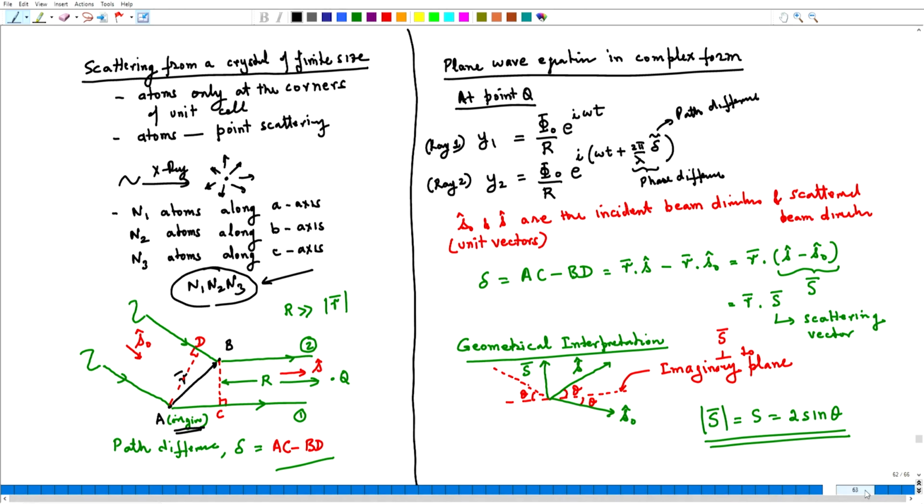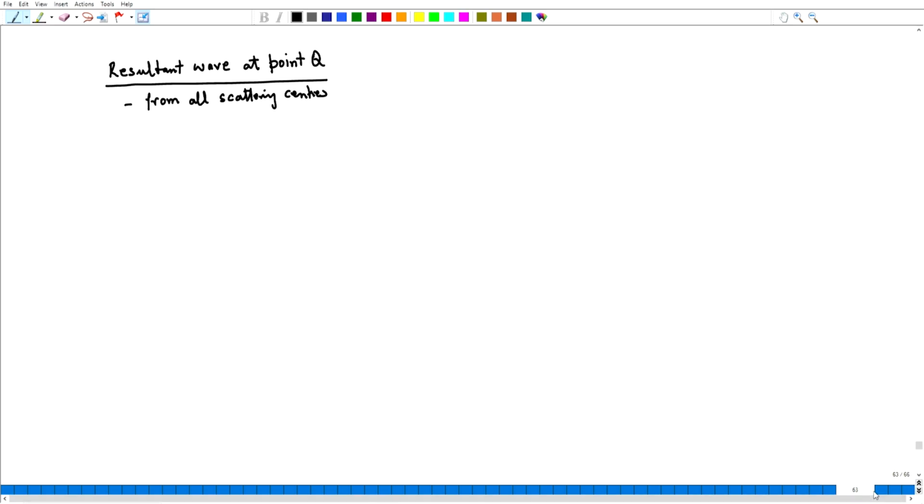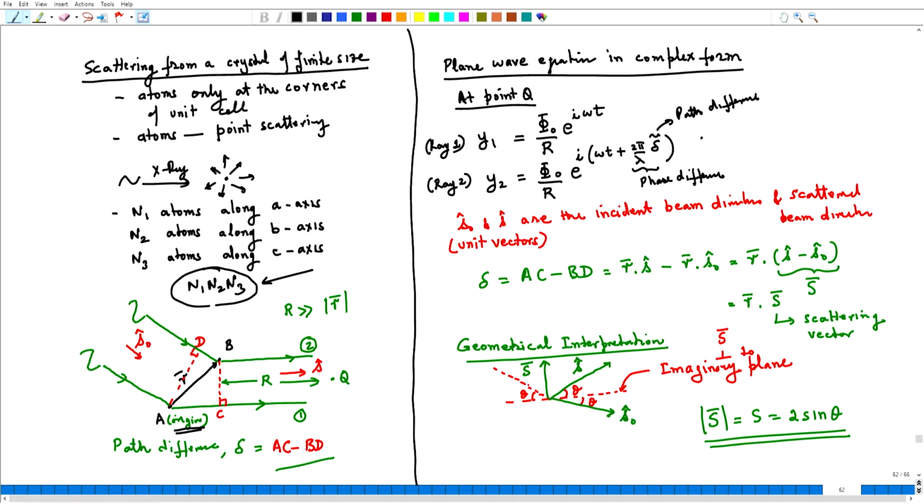So, I need to do a summation over all the R vectors to get the resultant wave at the point Q. So, take this equation and do a summation over all the R vectors.